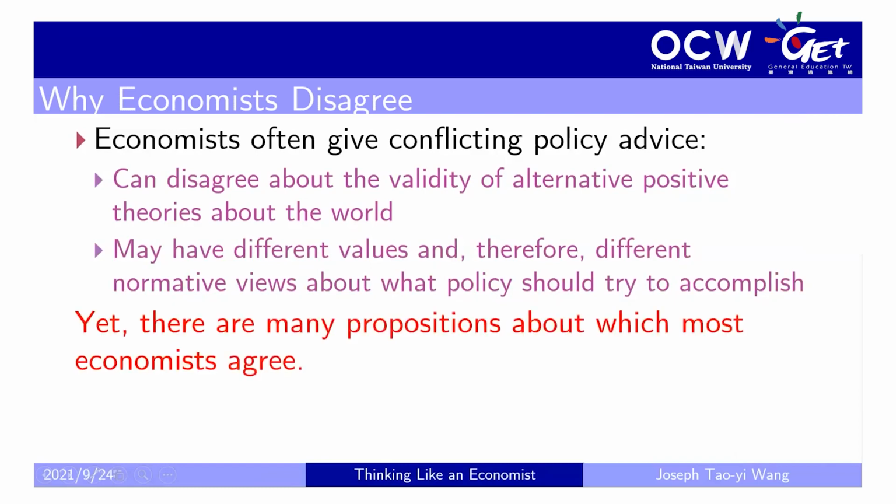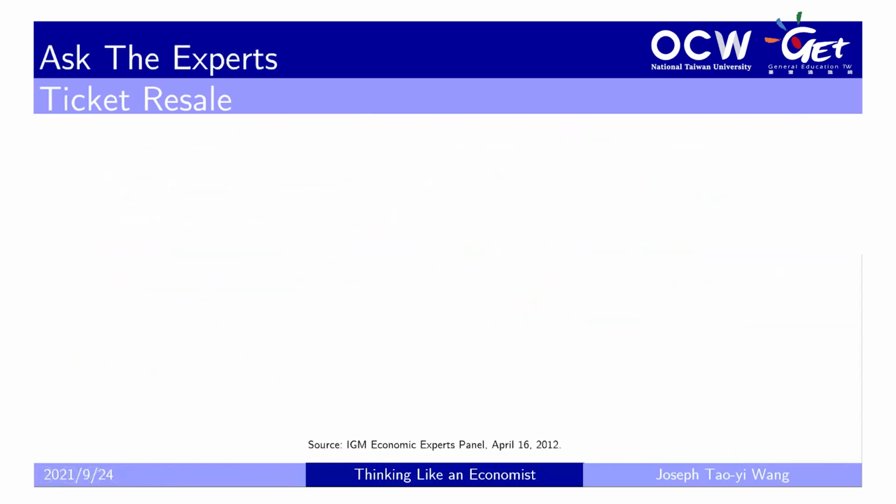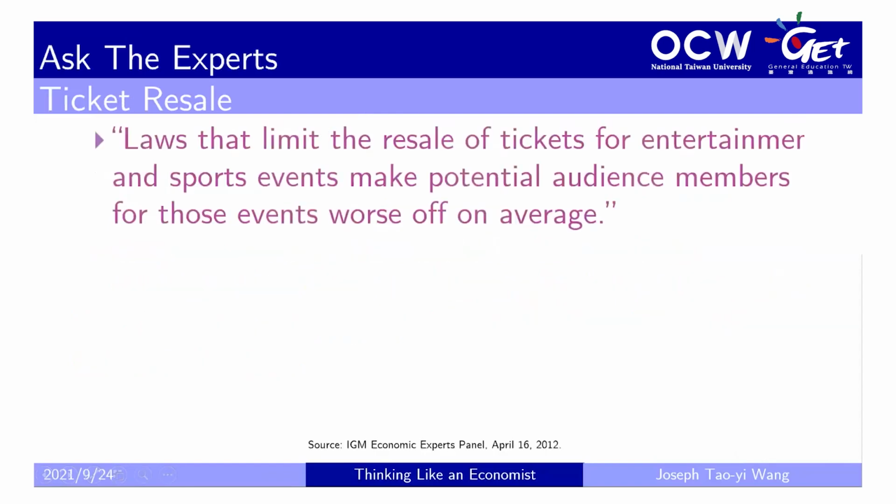But there are a lot of propositions that most economists agree on. Let's take a look. Ticket sales. Laws that limit the resale of tickets for entertainment and sport events make potential audience members for those events worse off on average. In Taiwan, we also have this problem of 黄牛票. So if you want to go see this rock and roll band, or if you want to watch baseball, you might have this ticket resale.